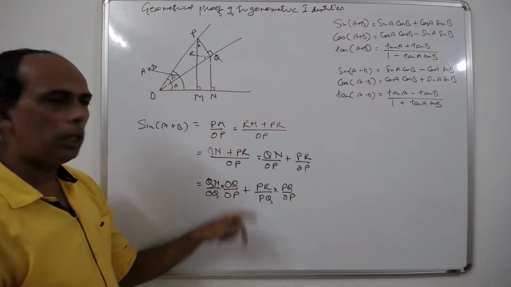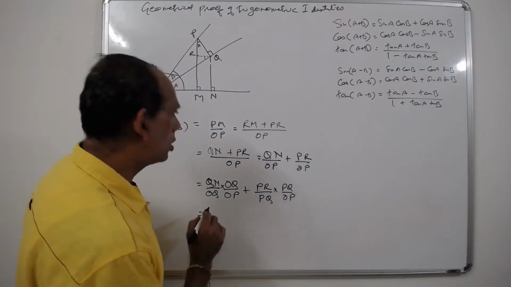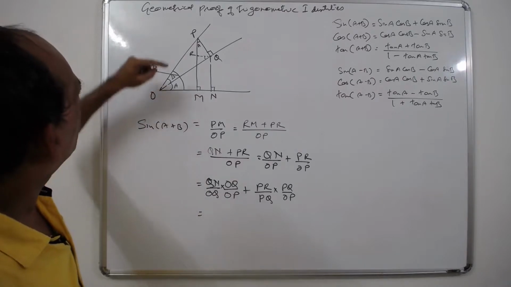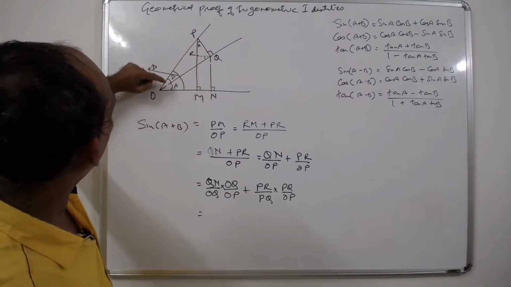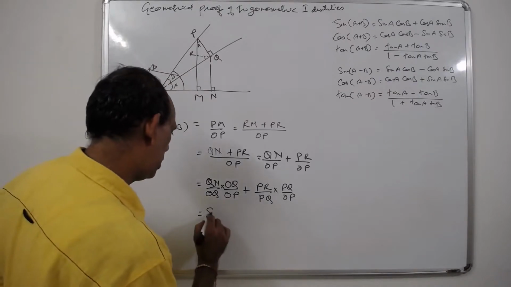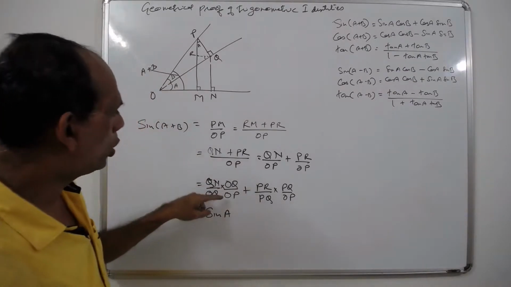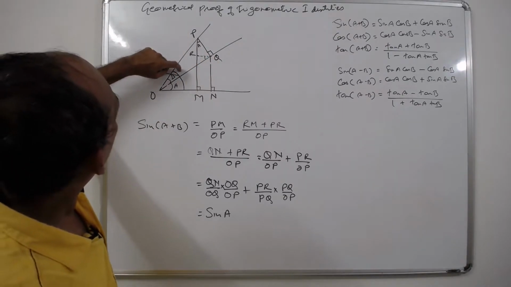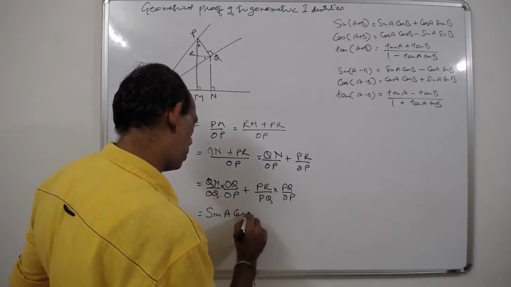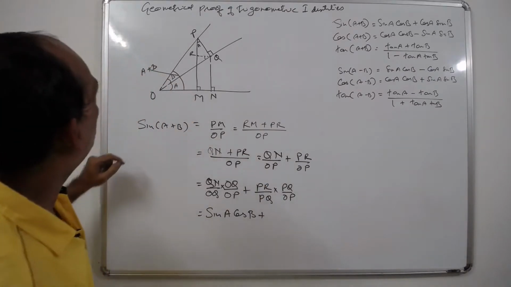When you do this, you will come to know where you reach. Look here. QN upon OQ is nothing but sine of A. What is OQ upon OP? OQ upon OP is nothing but cos of B. What is PR upon PQ?